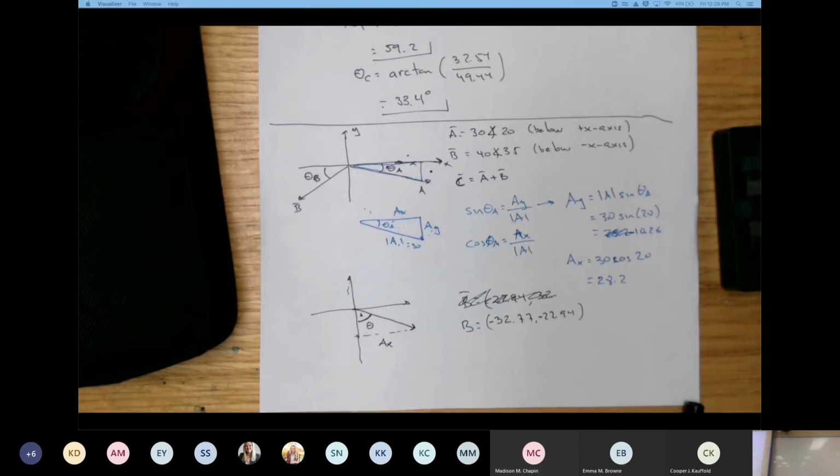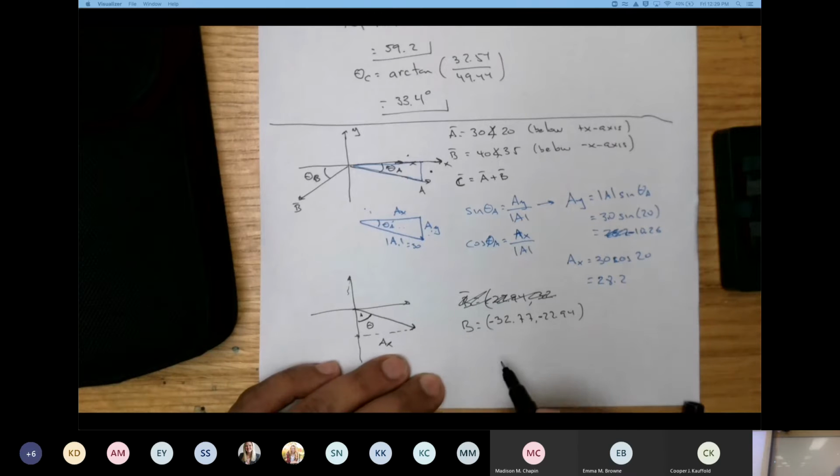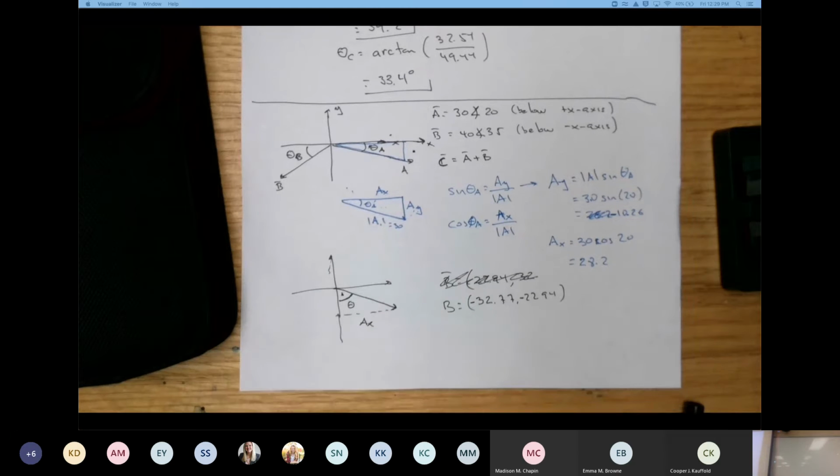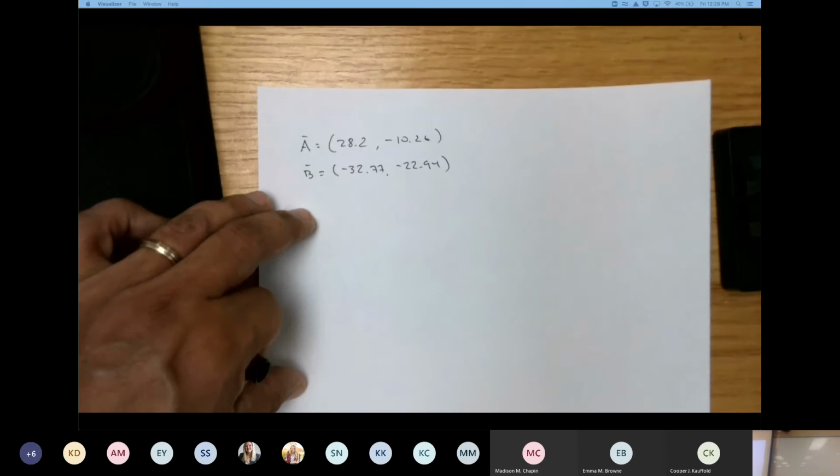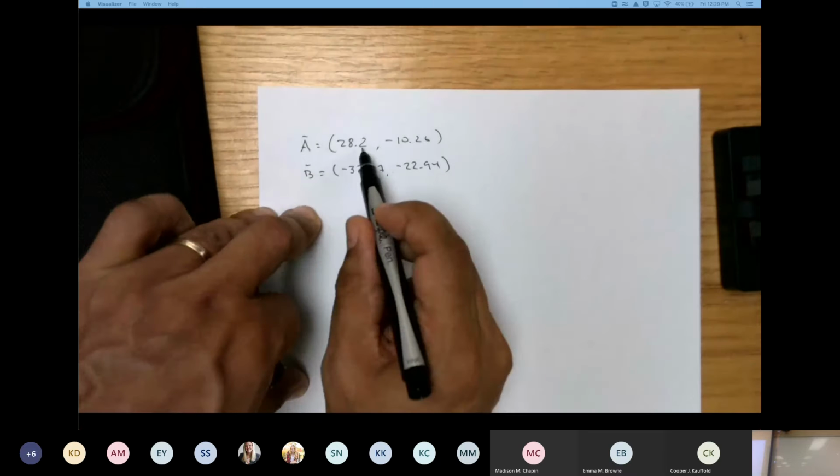Okay, so we got this vector A, the x component is 22.8, and Y will be minus 10.26.